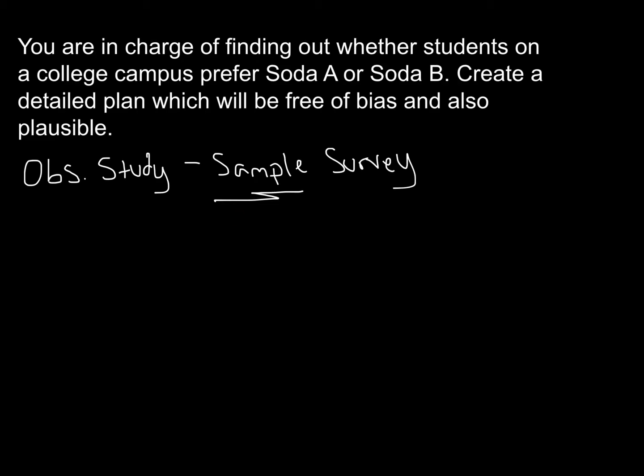And for the sample, I want you to create two different methods. This is important because sometimes one of the methods won't work, and so you need to have two different methods to get your simple random sample.